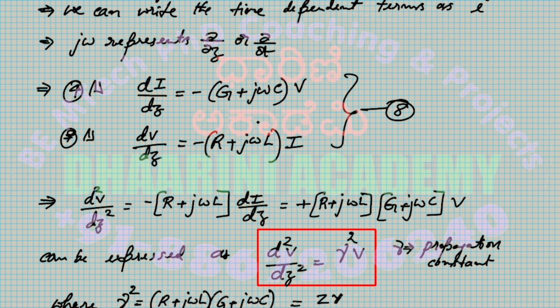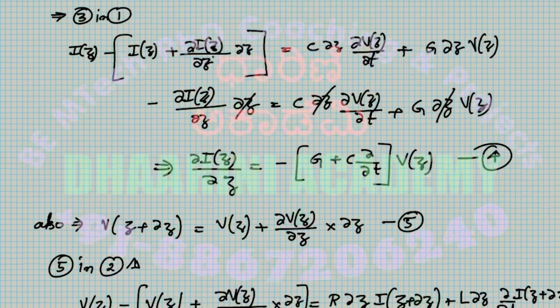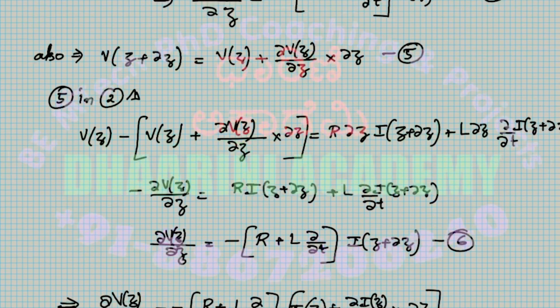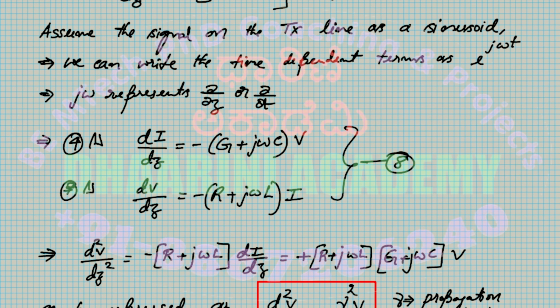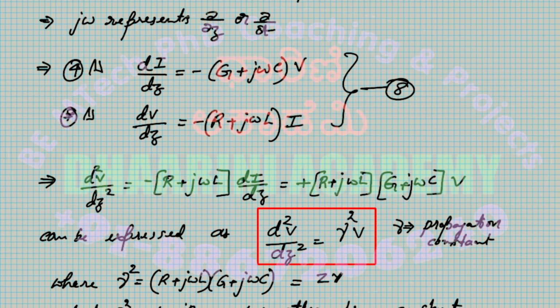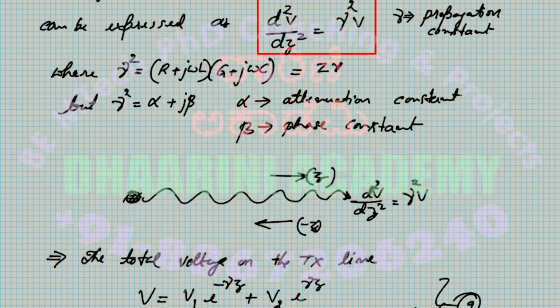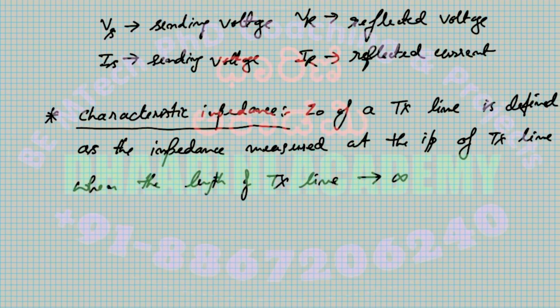Otherwise, right now I just want to start from here, because I already know what concepts I have used, so you can add everything if the question has been asked for more marks. So I'm taking the second part of equation 8, and I'll derive the required equation for characteristic impedance.